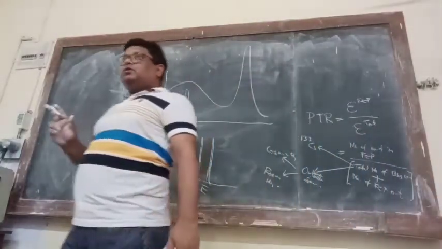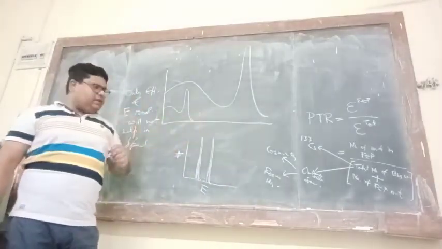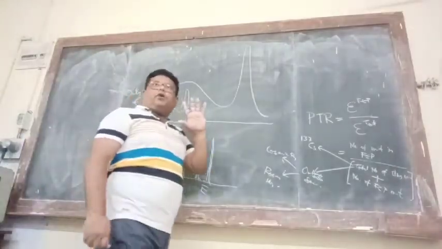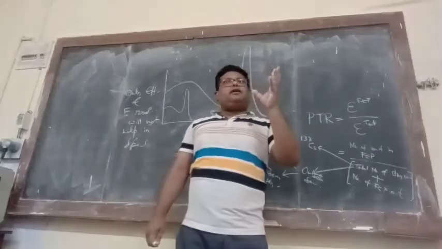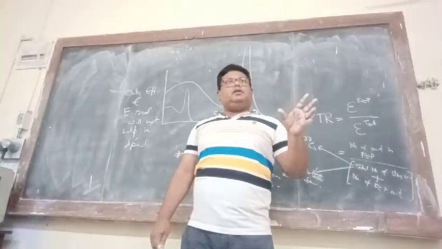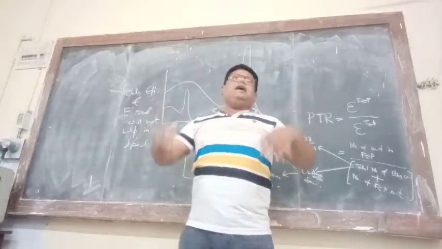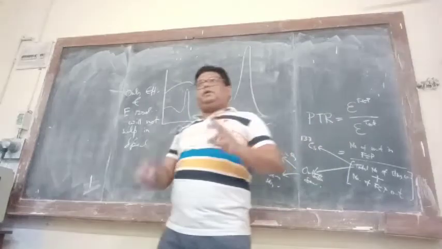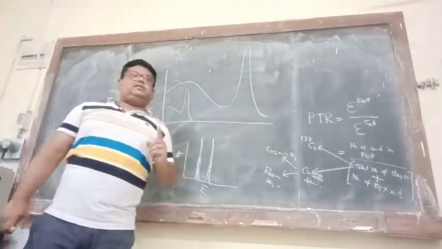I am going to talk about this concept, how we are going to use this peak to total ratio. Now you see, this efficiency is a property of the detector material itself, the intrinsic efficiency. You cannot change it. The energy resolution of a gas detector or a semiconductor detector is what it is, an intrinsic property. But this peak to total ratio, it is possible to change it.